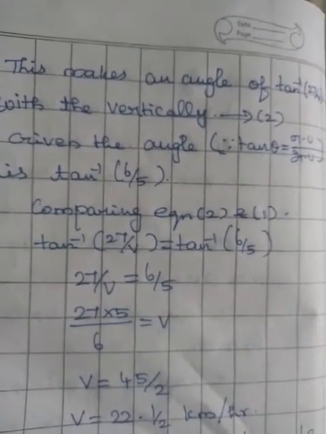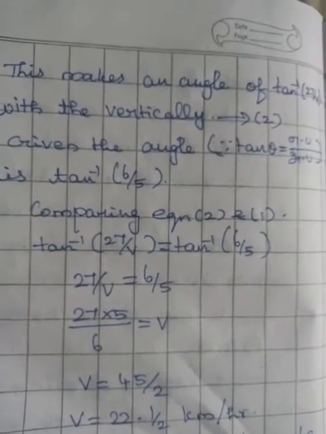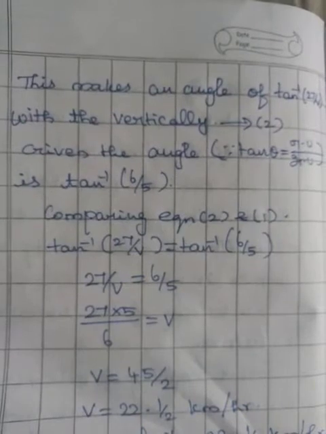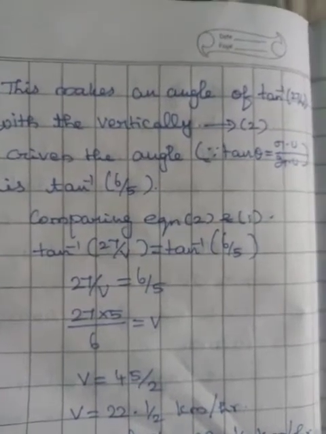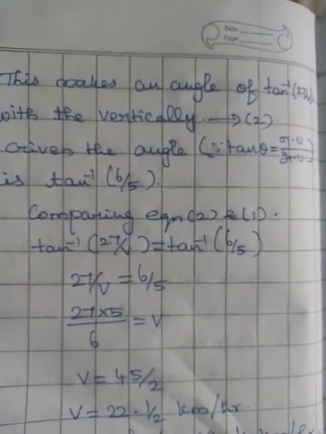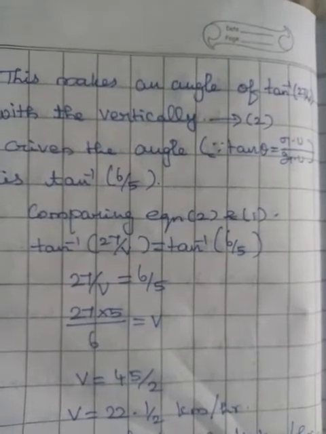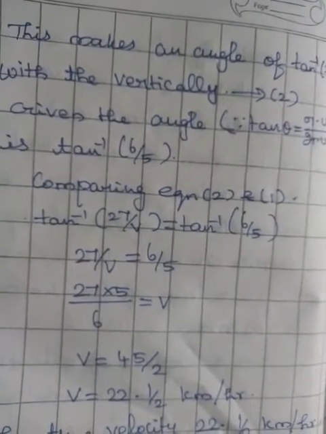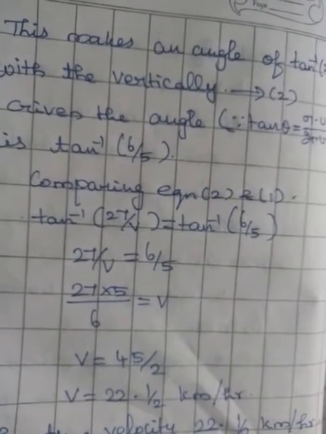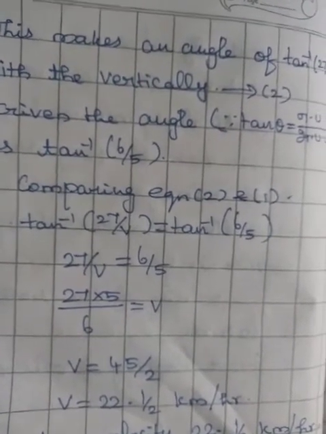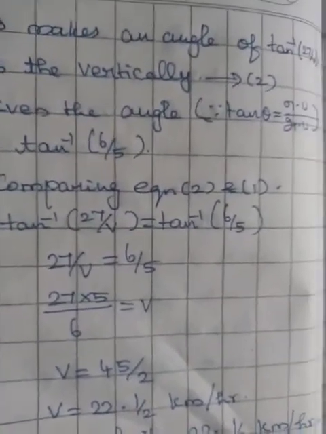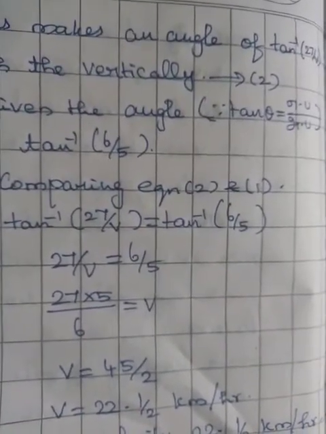So comparing equations 2 and 1, tan inverse of 27/V equals tan inverse of 6/5. 27/V equals 6/5.